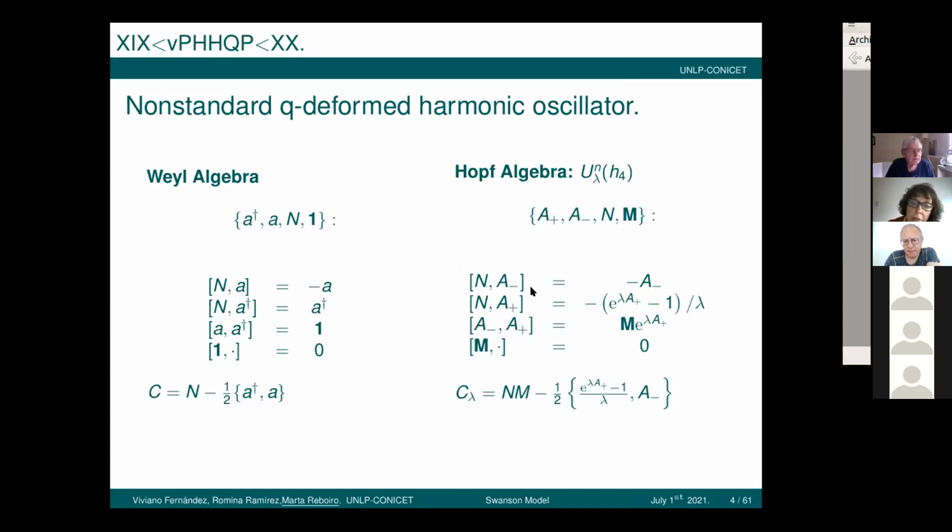I can give you the reference where the people of Burgos have proved that it is a Hopf algebra, and they have constructed a co-product and everything. There is a reference of Ranz and Ballesteros. I can send you the references. Okay, thank you.